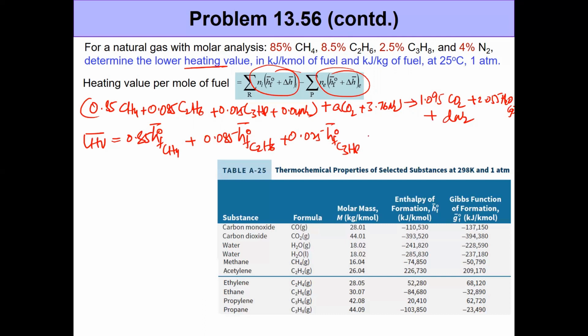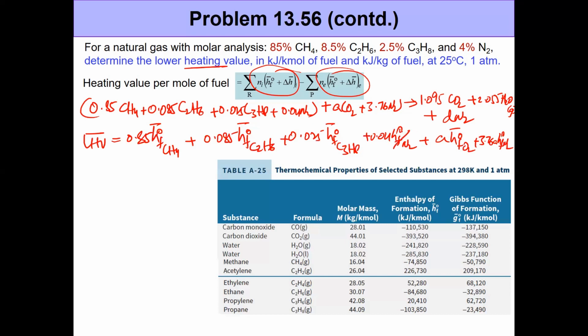Now, of course, there's also going to be plus 0.04 enthalpy of formation of nitrogen plus A times enthalpy of formation of oxygen plus 3.76 A times enthalpy of formation of nitrogen.